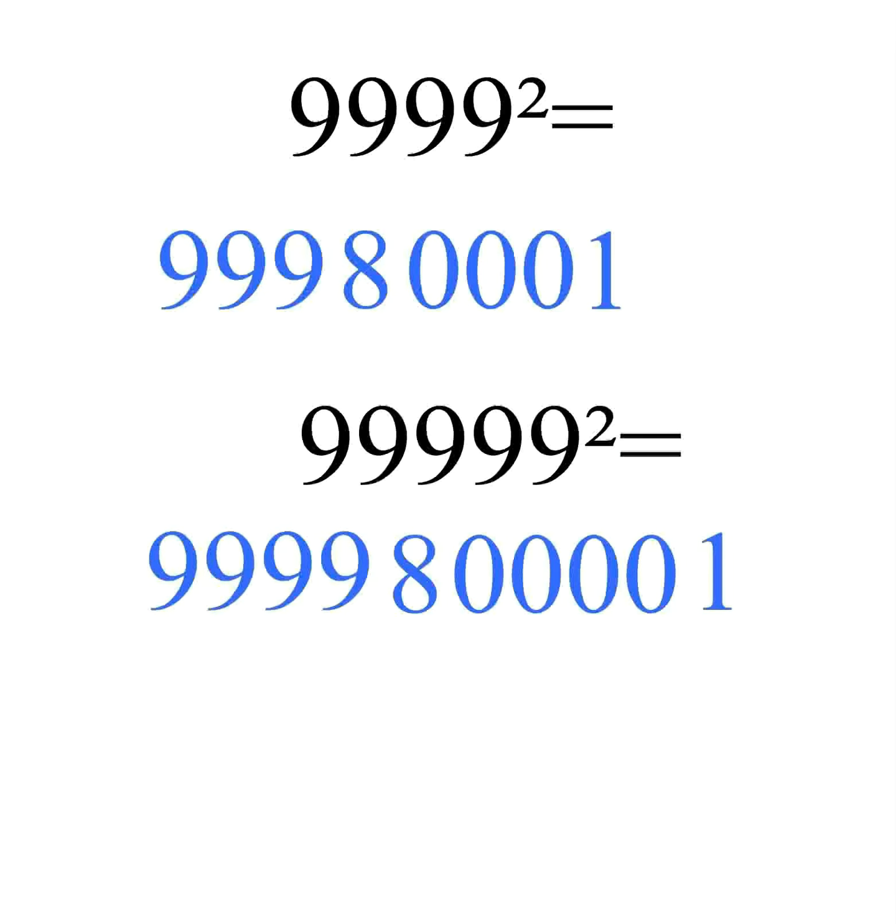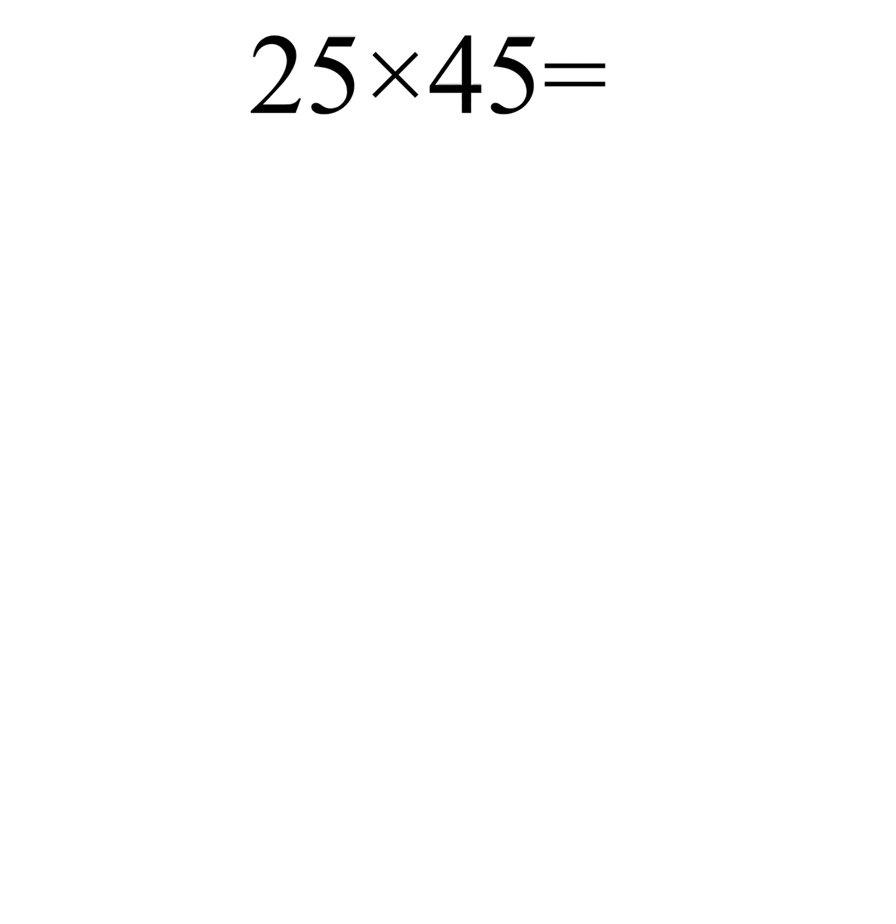Okay, let's go to our next technique, which is multiplying two numbers ending in 5, like these. Let's multiply 25 into 45. Here we first multiply 5 into 5, which is 25, and we write it down here.